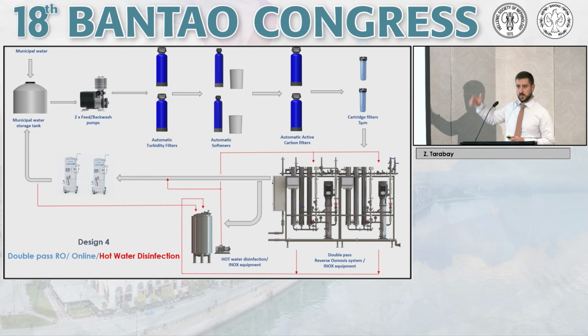Once it's full, it starts heating up to reach a temperature of 80 to 85 degrees, whatever has been already set before. Once the temperature is reached, the pump then will send the water to the distribution ring, or to the RO if it has been set accordingly. Once the disinfection is completed, all the hot water is collected in the tank to cool down, and then it's sent to drain. It's a very simple process without the addition of any chemicals.